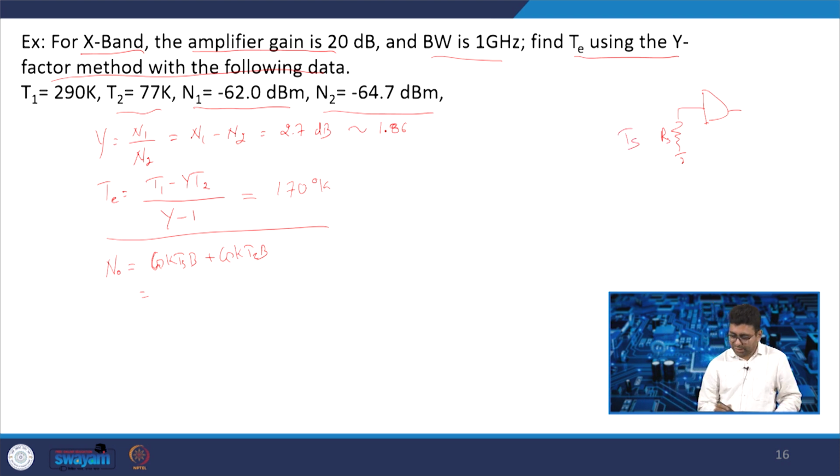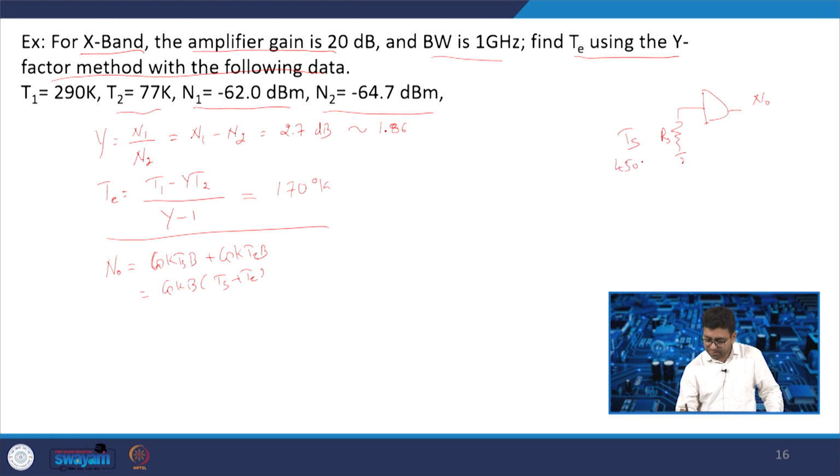Then I can write the output N0 as G k Ts B plus G k Te B. G k B you already know, you can put (Ts plus Te).